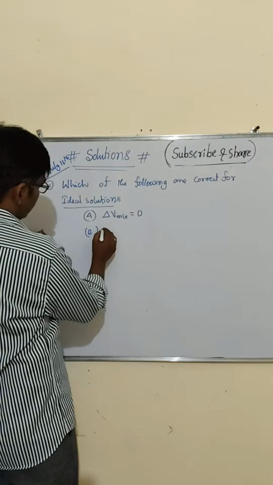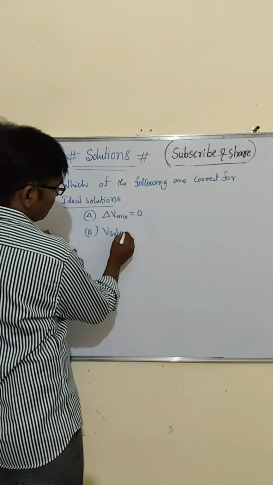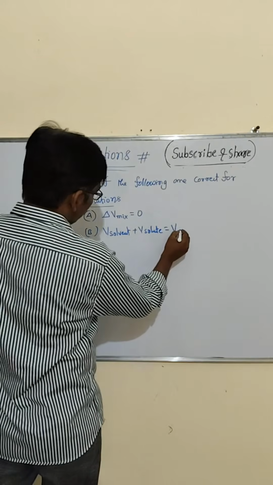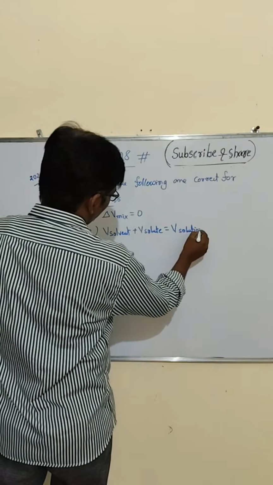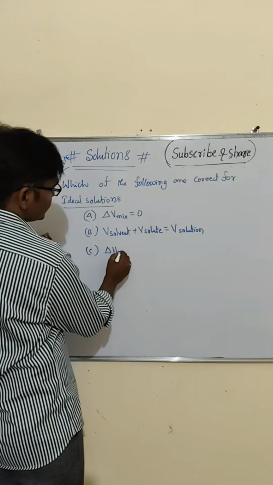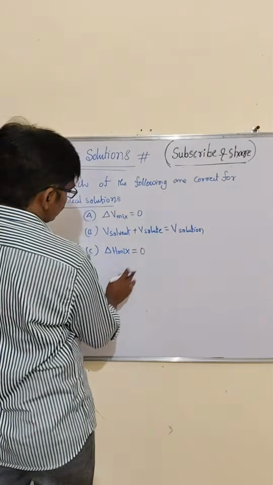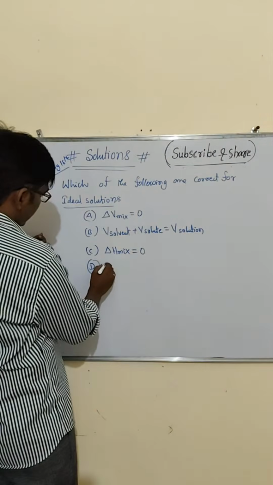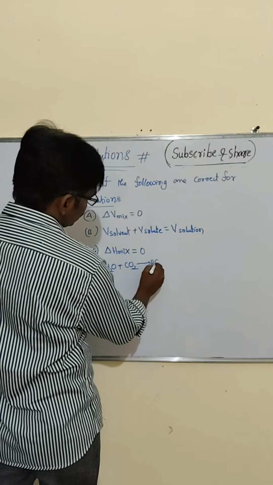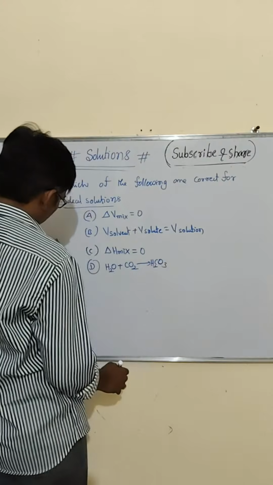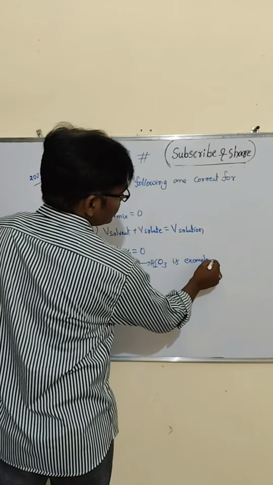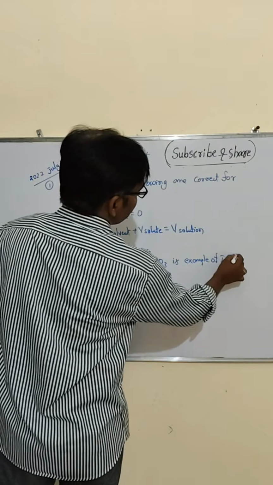Option A is delta V mix equals 0. Option B, V solvent plus V solute equals V solution. Then C, delta H mix equals 0. Then D, H2O plus CO2 gives rise to H2CO3, H2CO3 is an example of ideal solution.